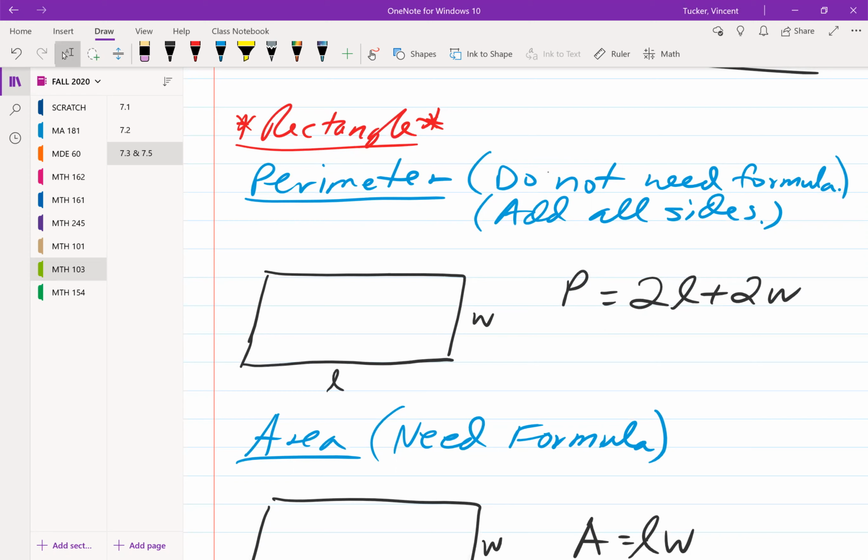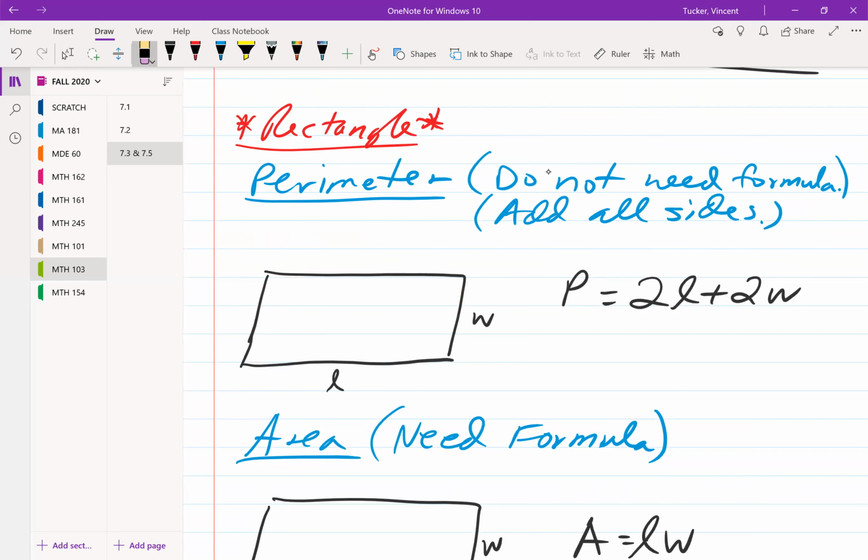In this case, for a rectangle, you could calculate the perimeter by the formula P equals 2L plus 2W. But once again, you do not need a formula in order to find the perimeter. You can just add up all of the sides of your shape. When you look at this shape, we're talking about the outside. That's your perimeter.